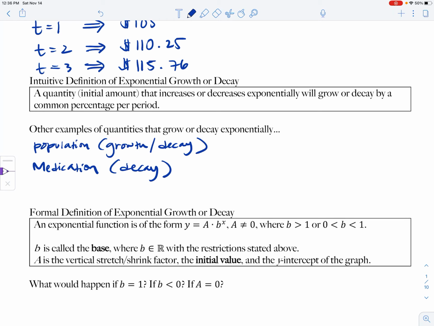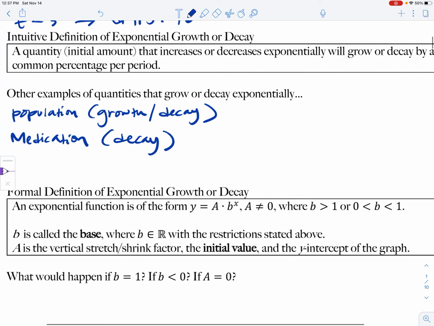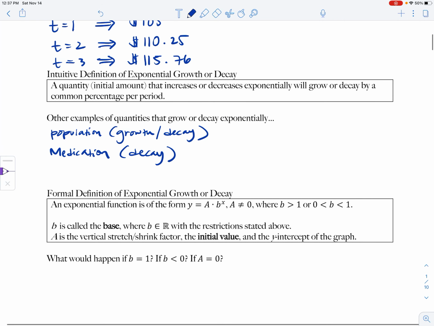Maybe in other classes, like in your chemistry class or one of your science classes, you've talked about the half-life of something. So how long it takes for half the amount to be there, or for the amount to decrease by 50%. So medication, we can talk about exponential decay.